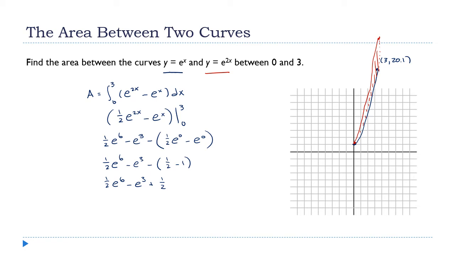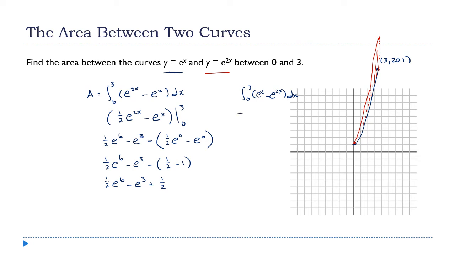Okay, so let me ask here, what would have happened if I had screwed this up and gotten it backwards? What if I had done the integral from 0 to 3 of e to the x minus e to the 2x dx, just by mistake? Well, look, let's factor a minus 1 out of this thing.